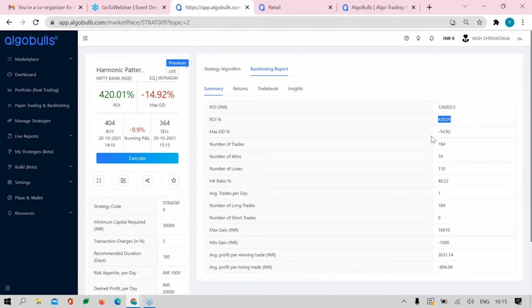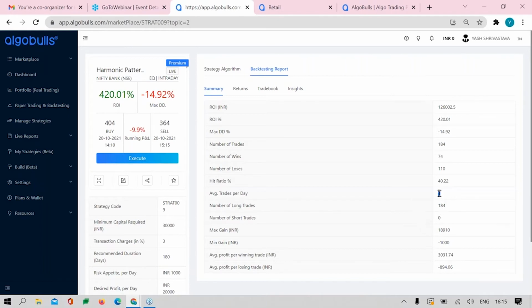The ROI in percentage is 420%. The maximum drawdown it has faced is -14%. The number of trades taken was 184, number of wins was 74, and number of losses was 110. The hit ratio of the strategy was 40.22, and the average trades taken per day was just 1.